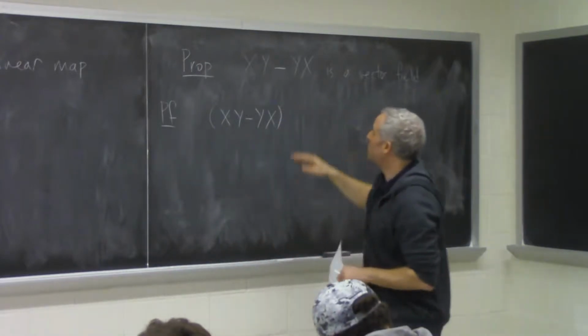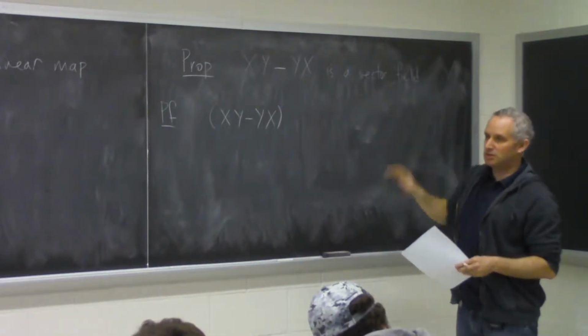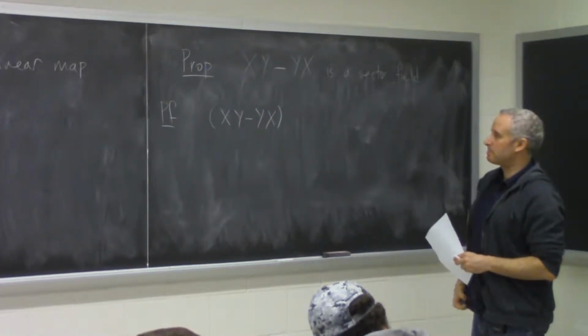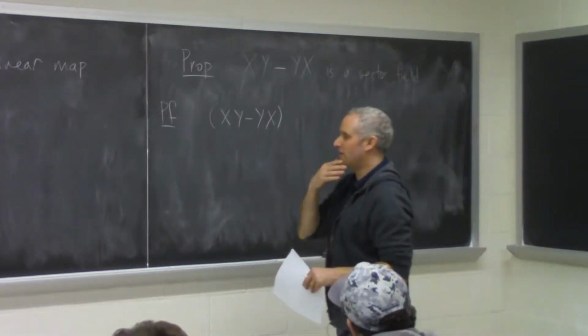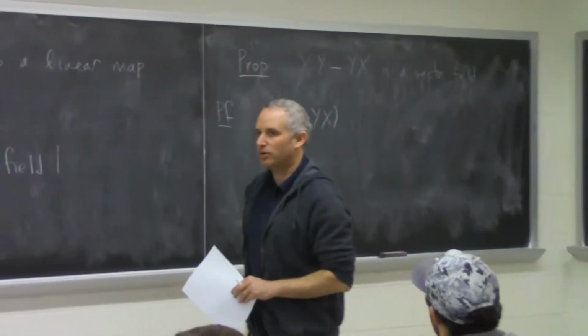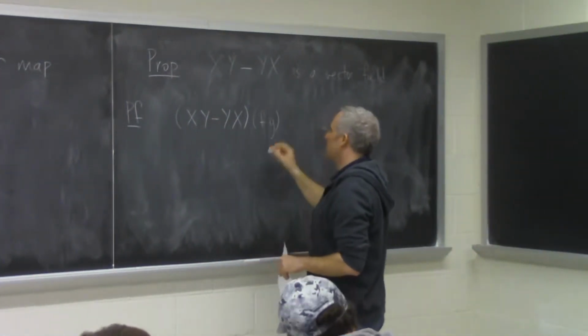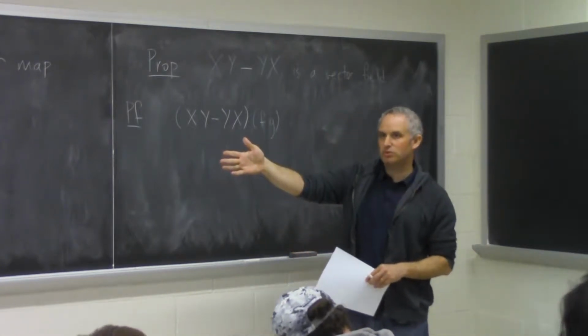So what's at stake here? We know that this is a linear map. A difference of two linear maps is a linear map. And so we have to verify that this satisfies the product rule. So we have to apply this to a product of two functions and hopefully get what the product rule demands.